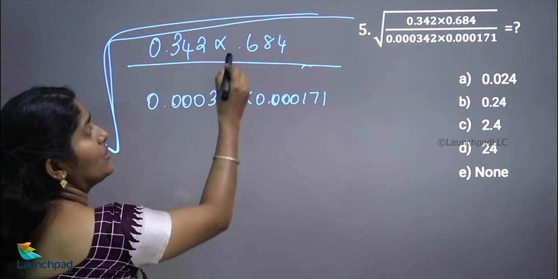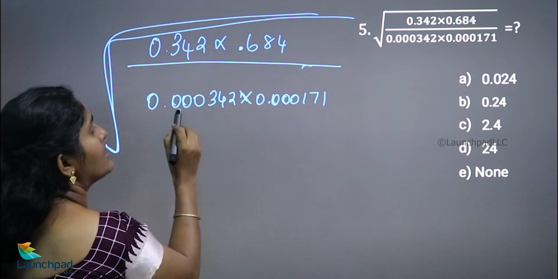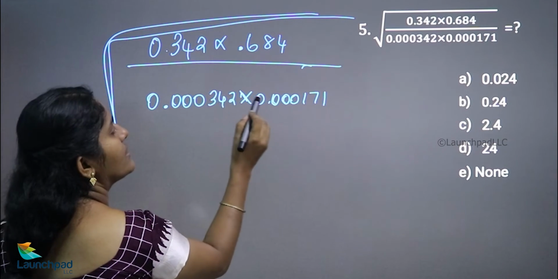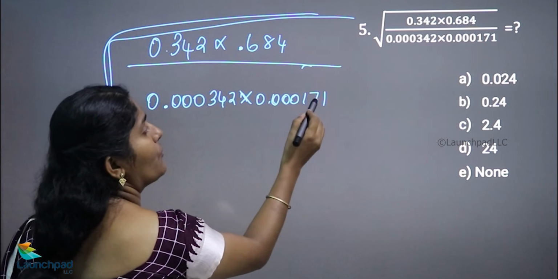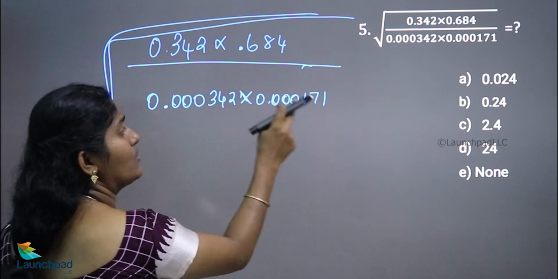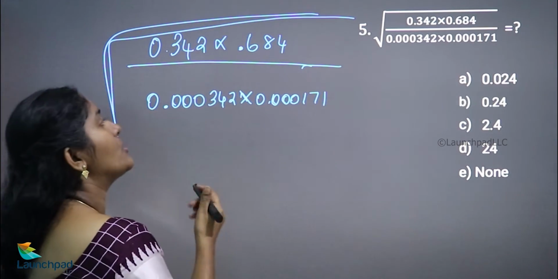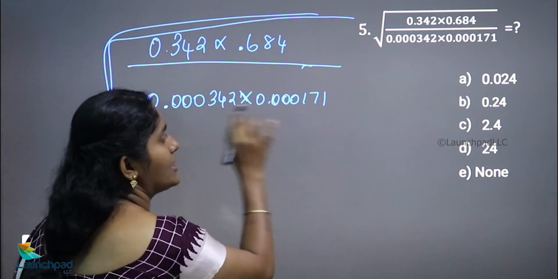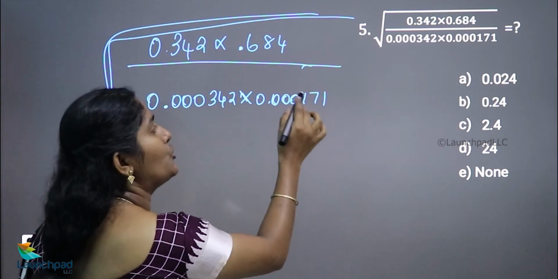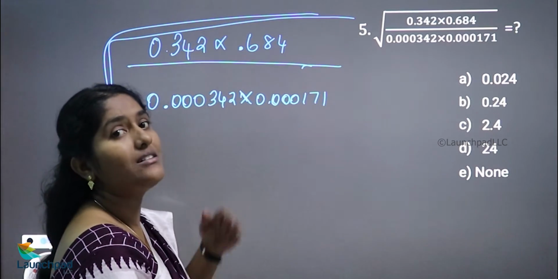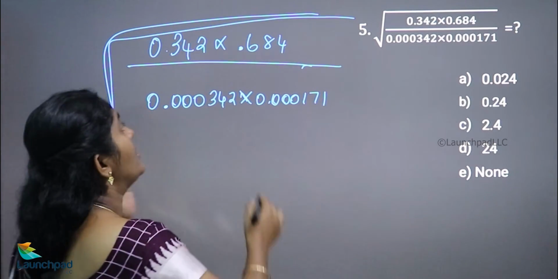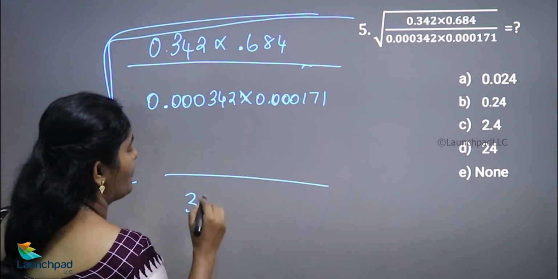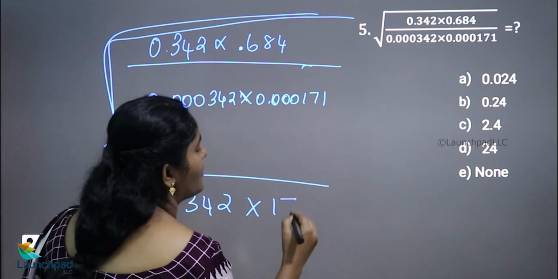Okay, now we want to remove the decimal values. Here 6 digits are there after the decimal point: 1 2 3 4 5 6, and 1 2 3 4 5 6. 6 into 6, there are 12 digits. So I want to add 12 zeros. If you add 12 zeros, the decimal values will be removed. Both numerator and denominator we add 12 zeros simultaneously. In the denominator, the answer is 342 into 171.